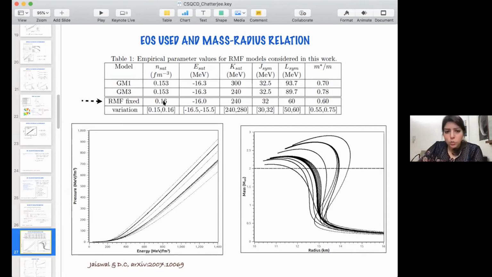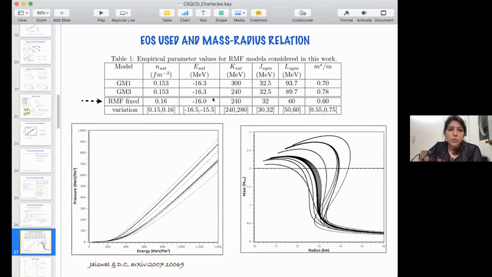For this work, we varied all the nuclear saturation properties within their entire uncertainty range. And yes, like you mentioned, relativistic mean field models have been very successful in reproducing saturation properties.